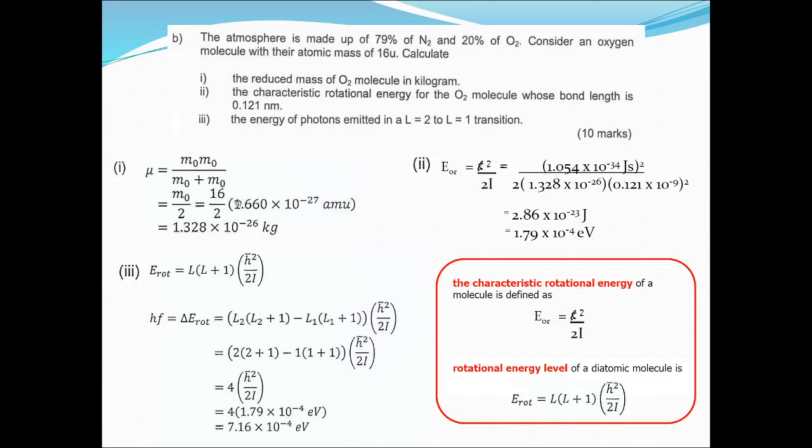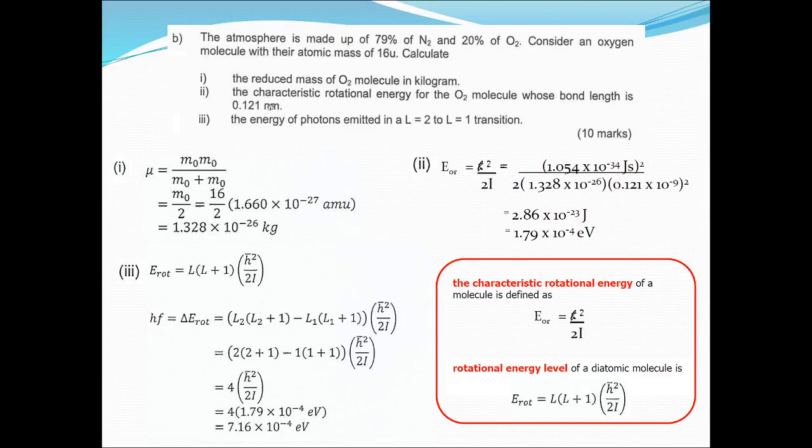You have to convert to kilogram, so this one is in U unit, which is atomic mass unit. So you have to times 1.66 times 10 power of negative 27 kilogram. So your answer is 1.328 times 10 power of negative 26 kilogram. So your first question is solved.